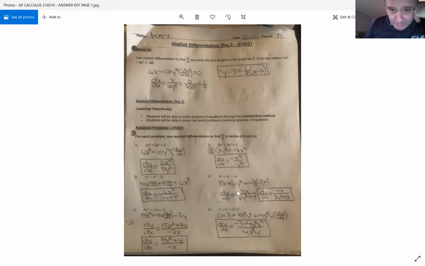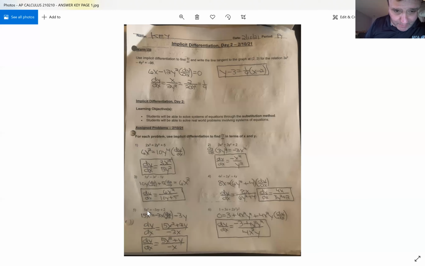On 4, again, it's just power rule. Both 2y cubed and 4y have derivatives that become 6y squared plus 4. So we solve for dy/dx, and everything here is divisible by 2, so I cut everything in half. Number 5 includes product rule with the negative 3xy.